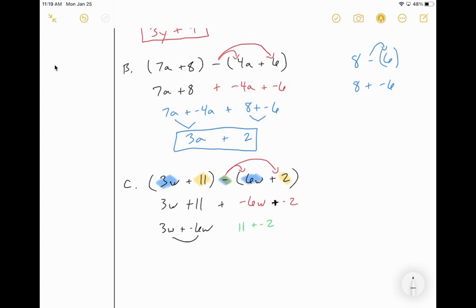So these two combine to get you negative 3w, and these two combine to give you a positive 9. So you should end with negative 3w plus 9.